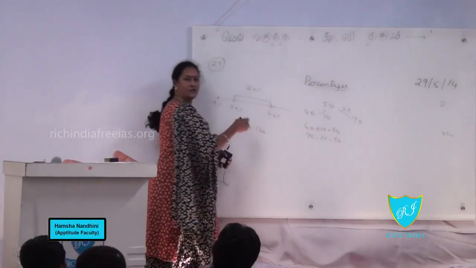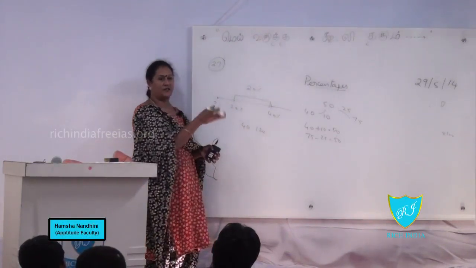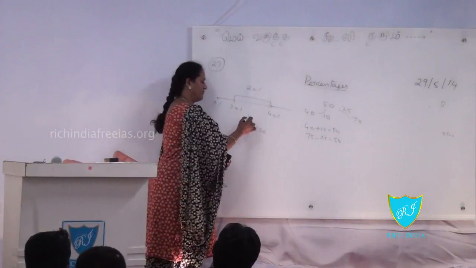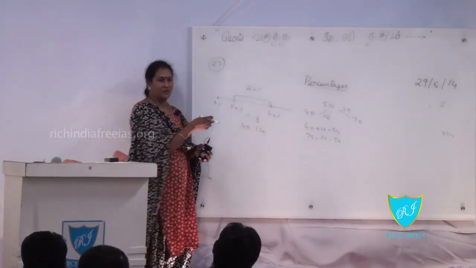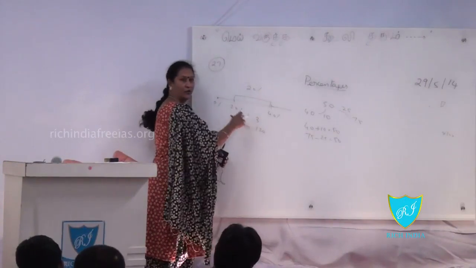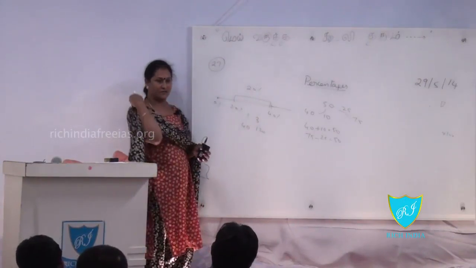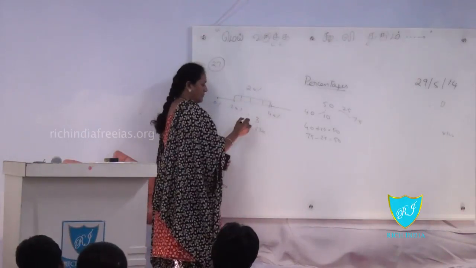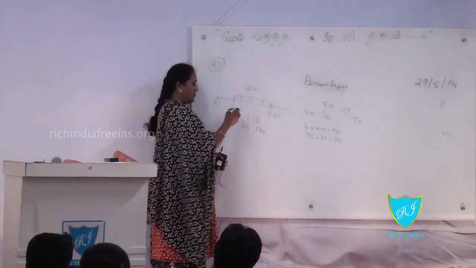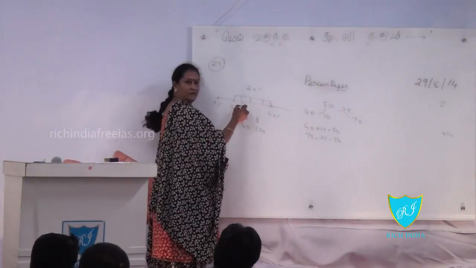So you get the ratio of the marks he fails and passes by. This is 1:3. Now you divide into how many parts? 4 parts, 1 plus 3. Here he fails by 1 part, so the pass percent is here.